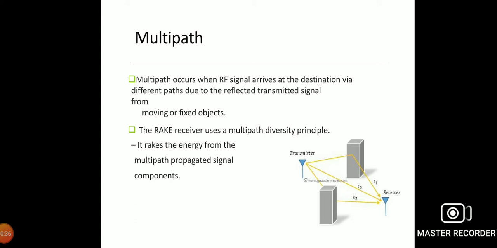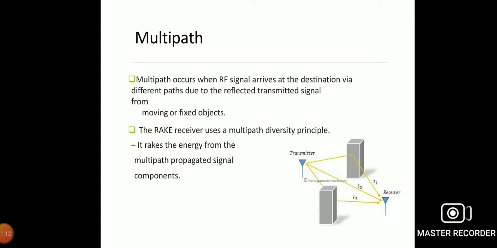The rake receiver is one of the multipath enhancement techniques, that is, a CDMA receiver. It can combine all the delayed versions of the transmitted signal and provide better signal to noise ratio at the destination side. By using specific correlation receiver units, the rake receiver collects all the delayed or shifted versions of the original signal.